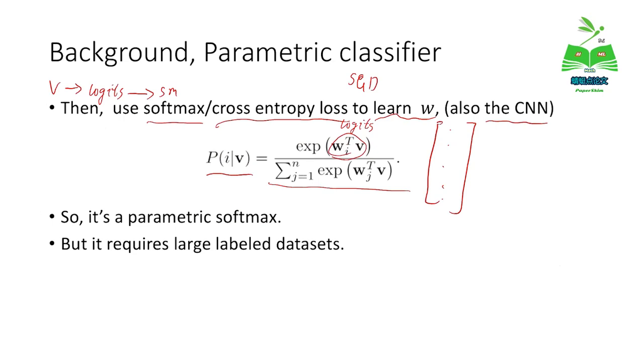So it's a parametric softmax based on the W. But since we need the cross entropy loss, it requires a large number of labeled data. So in this paper they need to consider how to remove those labels. We don't want to use any labels. What can we do?